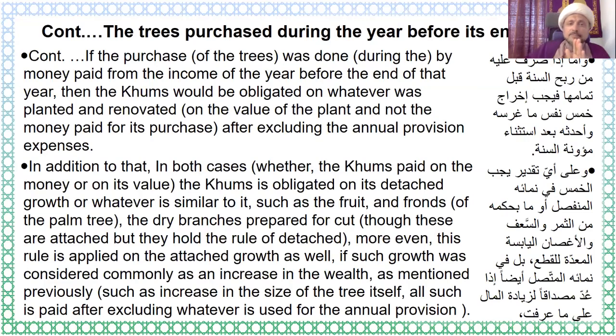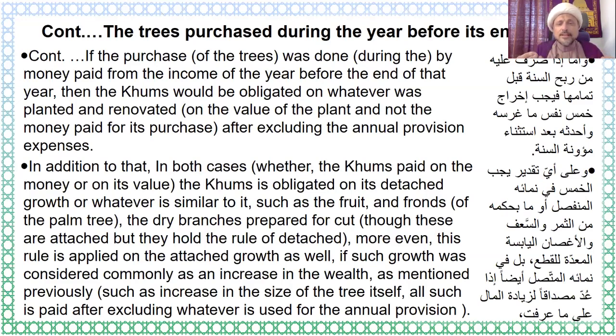So instead of money being saving, now your saving has been converted into trees, in the form of trees. So he says, wa amma idha sarafa alayhi min ribhis-sanah. However, if he spent on these trees from his monthly income, like income during the year, okay, from the income of that year, qabla tamamiha, before the end of the year did not finish.